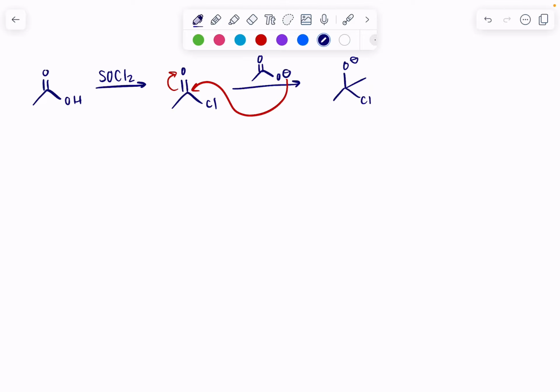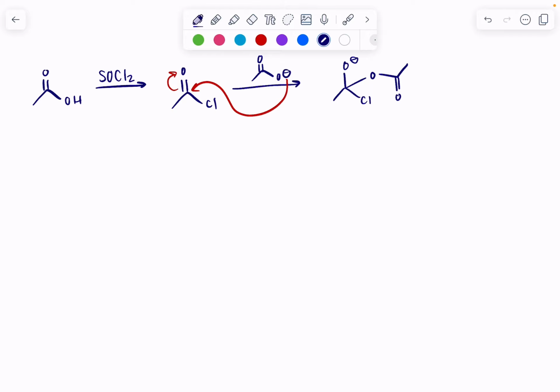Our chlorine's still here. And I left this one blank right now because I'm going to really pay attention to how everything's connecting. So I've made a bond to the oxygen. So this is going to be an oxygen. And then the oxygen is bonded to 1, 2 carbons. So 1, 2. And the second carbon has that double bond to O.